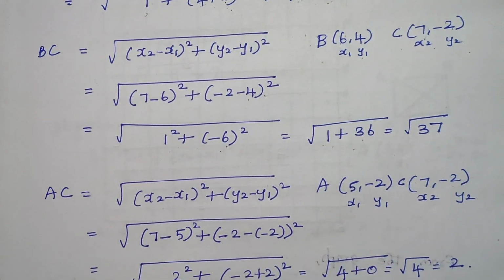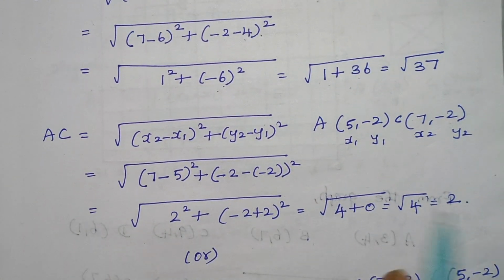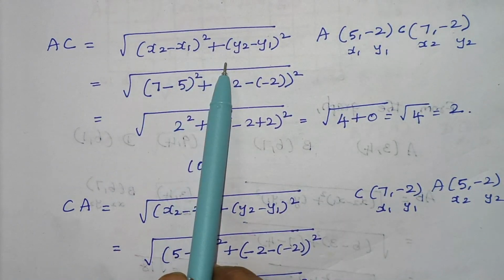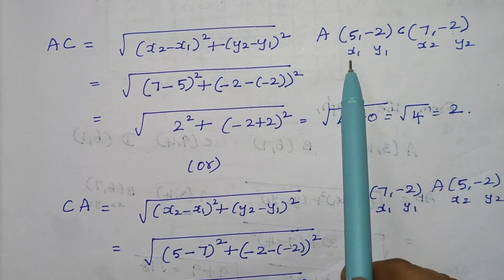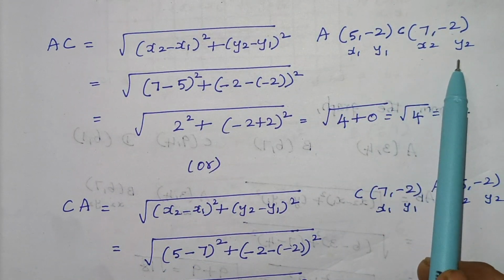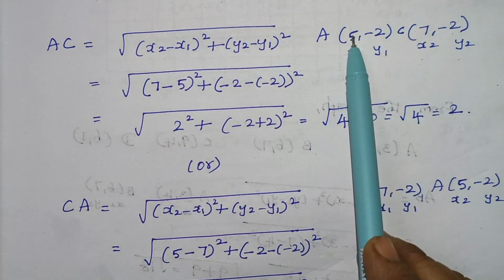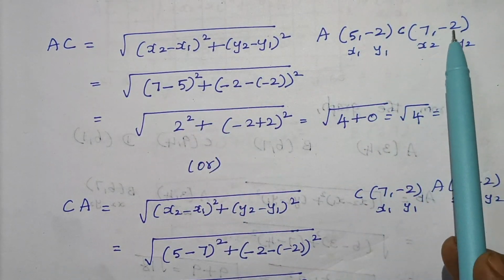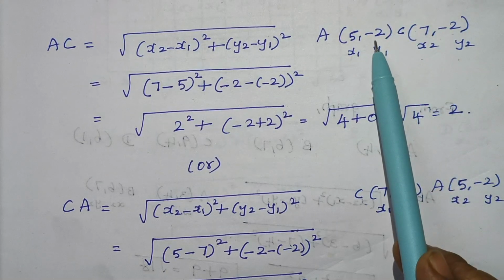So here AC. Again write down the values of A and C. Again in the distance formula we are going to substitute. This is x1, y1 and this is x2, y2. So x2 minus x1. Therefore 7 minus 5 the whole square plus minus 2 minus of minus 2.